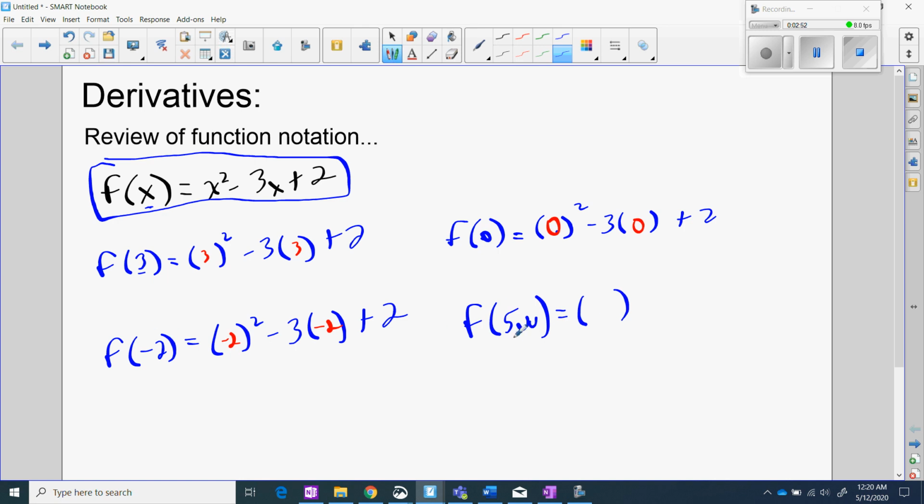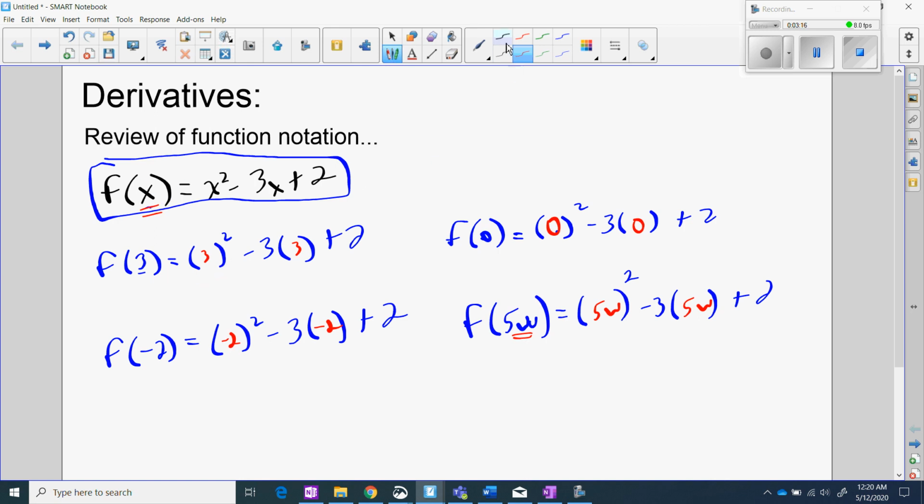Well, here you're going to put 5w wherever there used to be an x. Should be squared. So I just simply replace 5w in where the x used to be. So how do you know it goes where the x is? It's because this is where the x used to be in your function notation.